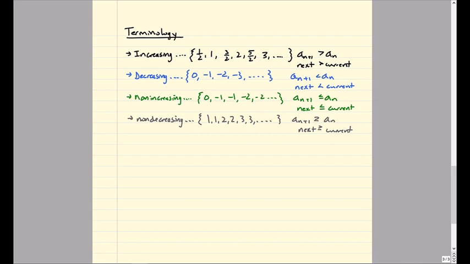We've also talked about bounded and monotonic, so let's include those in our list here. So monotonic: either non-increasing or non-decreasing.